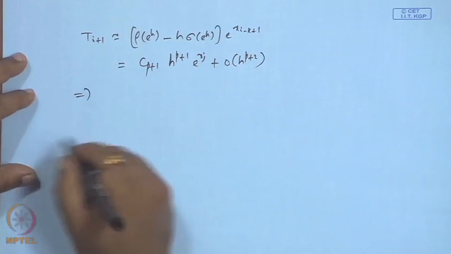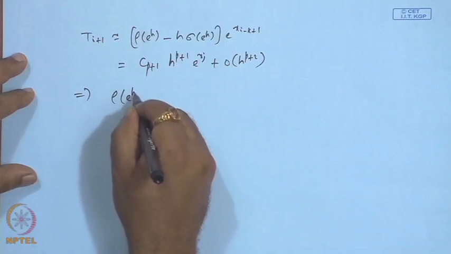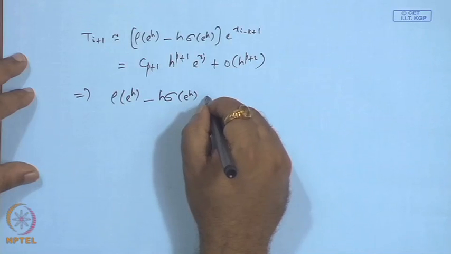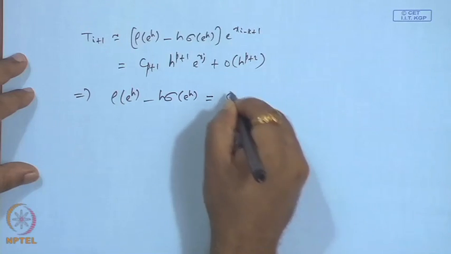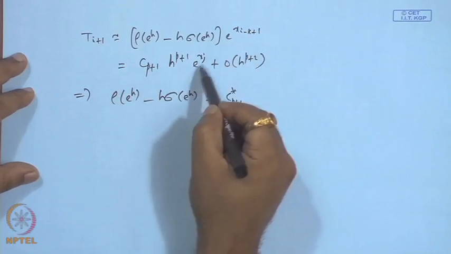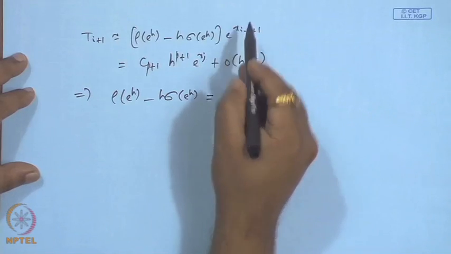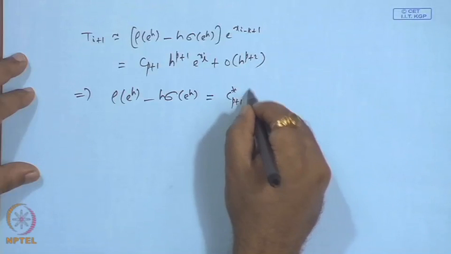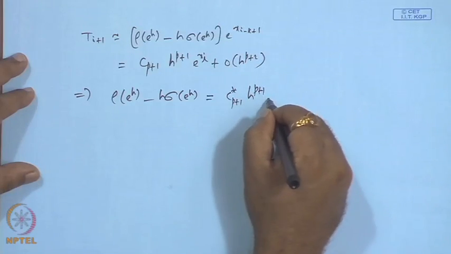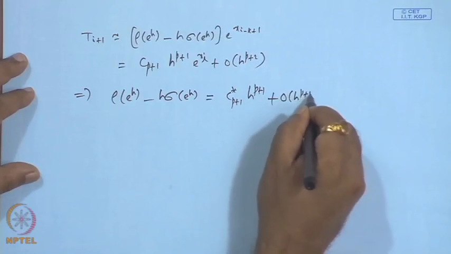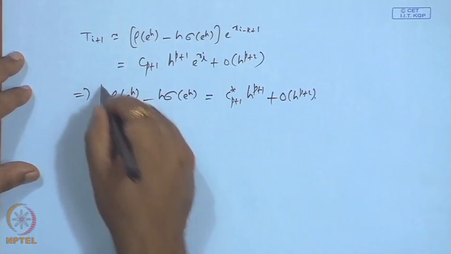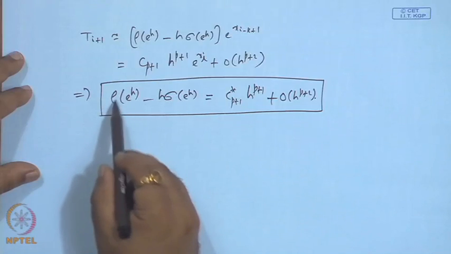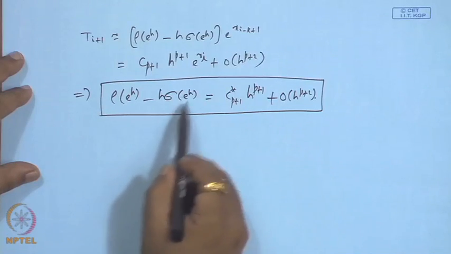So, this implies we can write this with some new constant, because there are some terms left out after getting cancelled x I. So, I have put it to this constant. Okay. So, this is the relation using which when rho is given, we determine sigma.